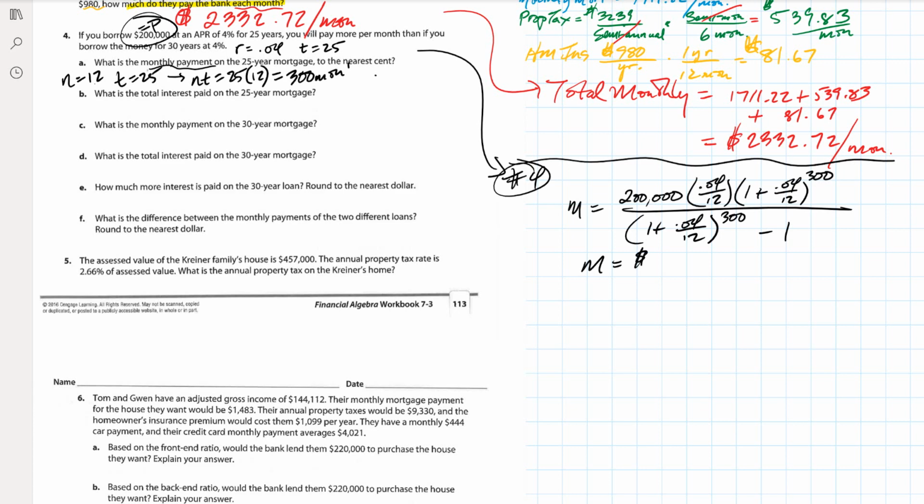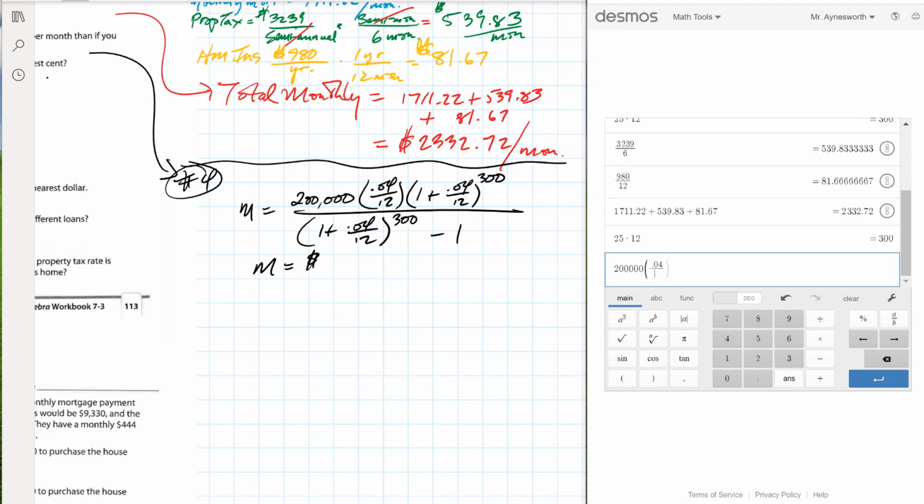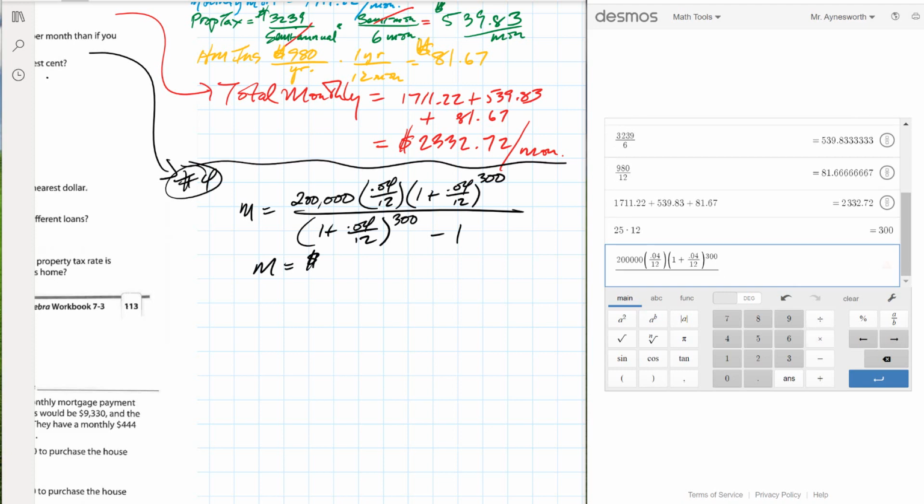All right, and then you kick in Desmos. Okay, so here we go. You take 200,000. Make sure you have the right number of zeros in there. All right, times 0.04 divided by 12, times 1 plus 0.04 divided by 12. Raise that to the 300th power. Get out of the exponent before you divide.